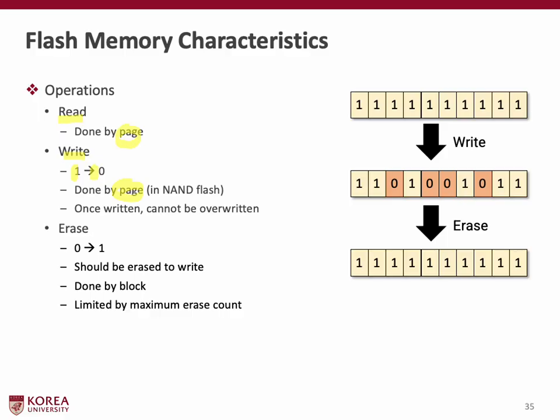And note that you cannot overwrite data directly in an SSD. Instead, to write new data, you must first erase the target space by using an erase operation. An erase operation resets bits from 0 to 1, and these operations are done at the block level.